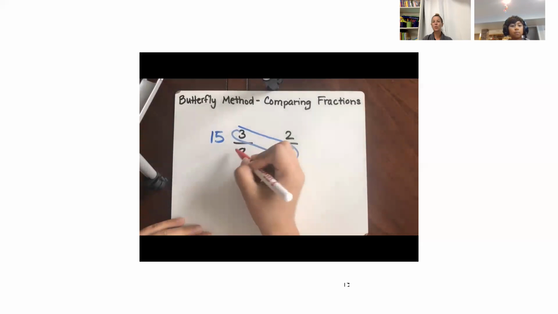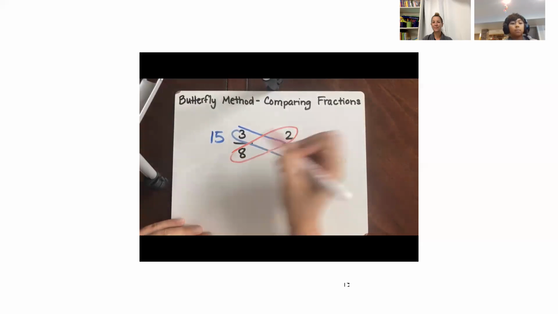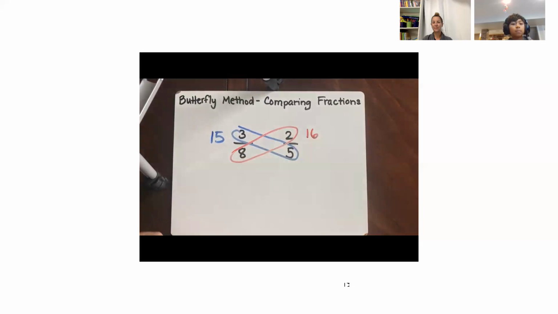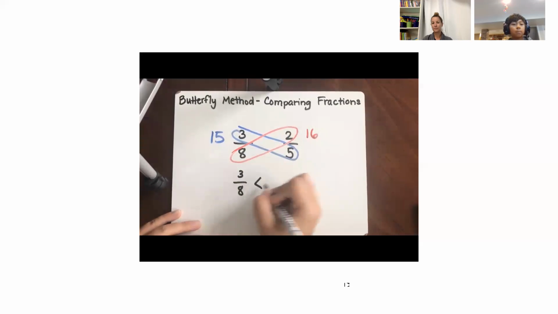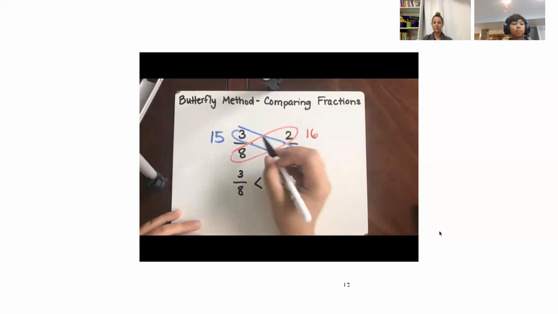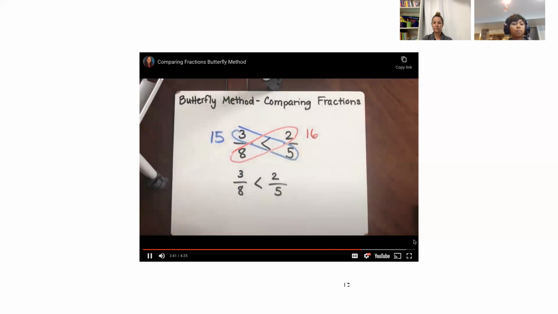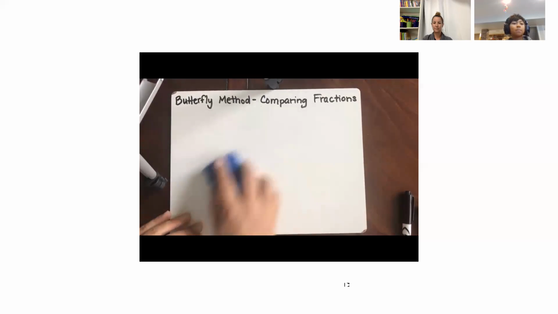And cross multiply again. 8 times 2 is 16. So because 16 is greater than 15, we can say that 3/8 is less than 2/5 because 15 is less than 16. Let's do one more example.